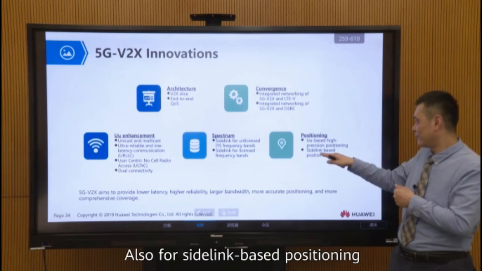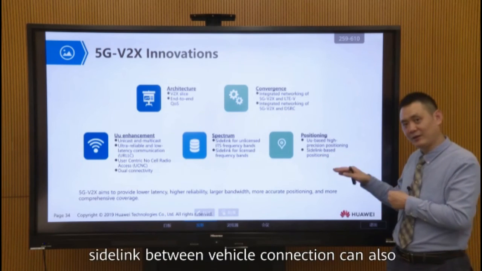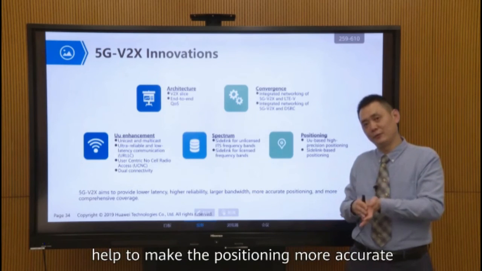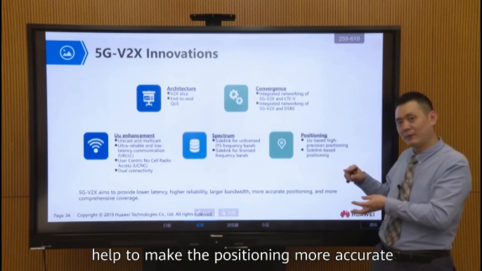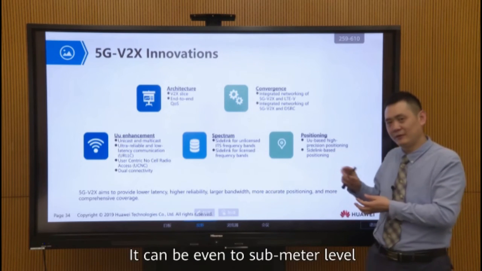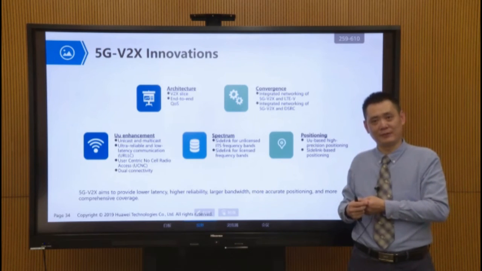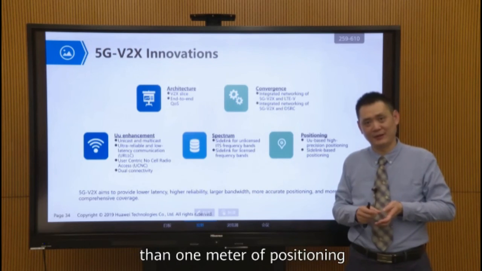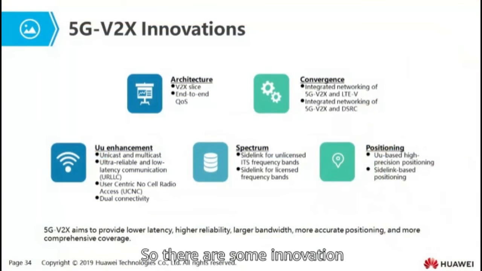And also side link based positioning. The side link connection between vehicles can also help make the positioning more accurate, even to sub-meter level. The accuracy can be even less than 1 meter. So these are some innovative advanced points for 5G V2X.